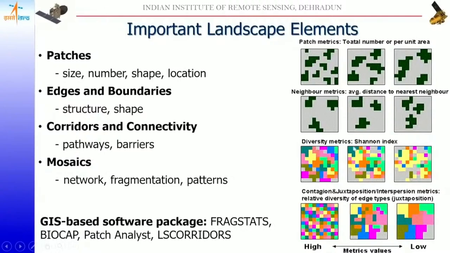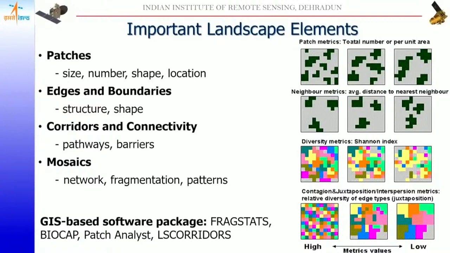And in the diversity example, we can see this box has the higher diversity as compared to the last box, because in this case we can find the homogeneous distribution of different patches as compared to this example. And another example that we derive from the landscape analysis is the contagion and the juxtaposition.